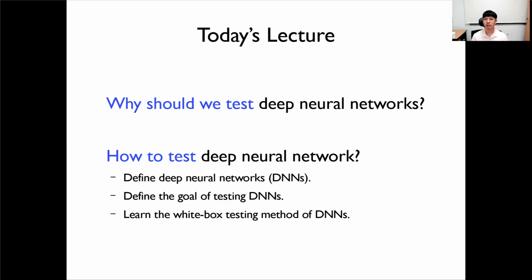I will define the deep neural network informally, and after learning the terms of DNNs, we learn the general goal of testing DNNs. And then finally, we will learn briefly how the white box testing method of DNNs works. Okay, let's start.